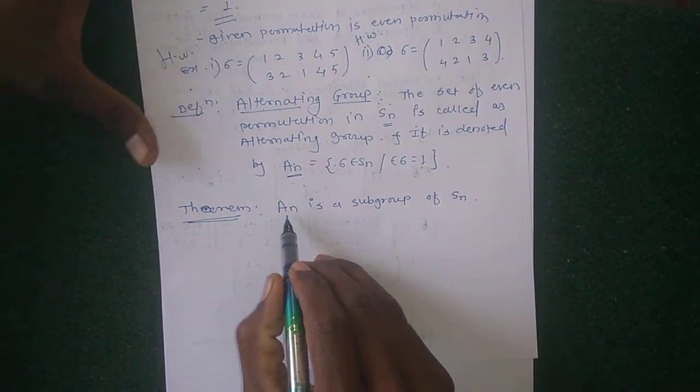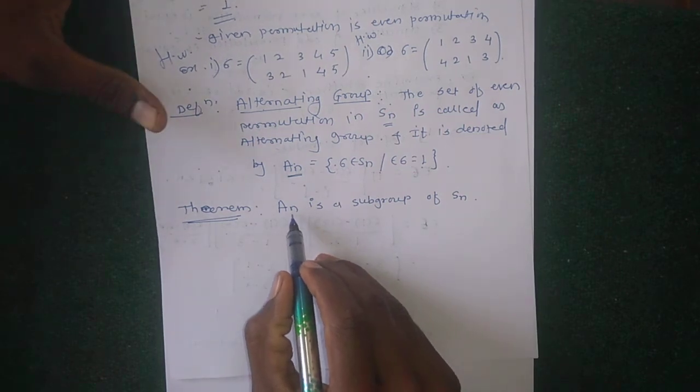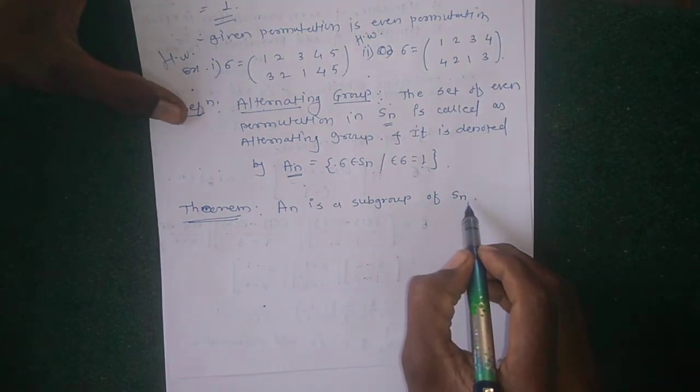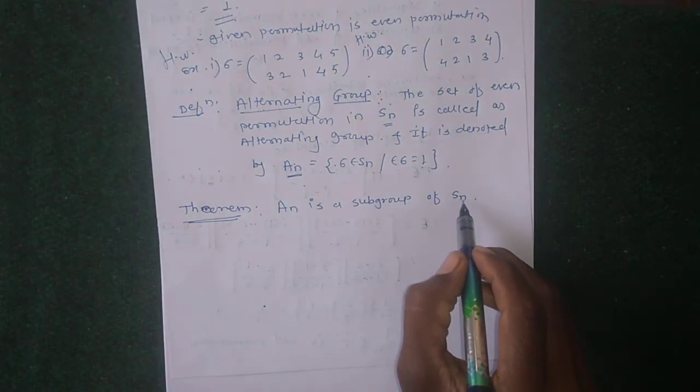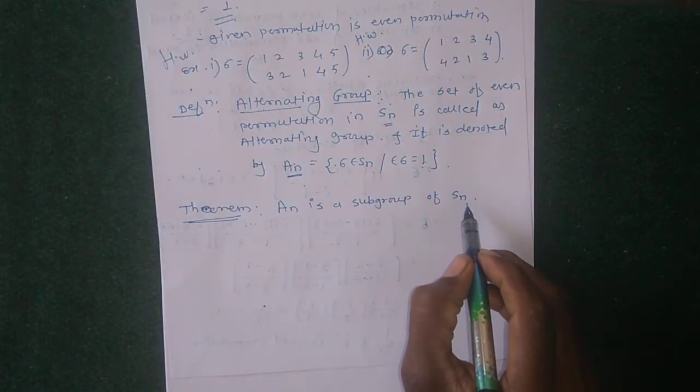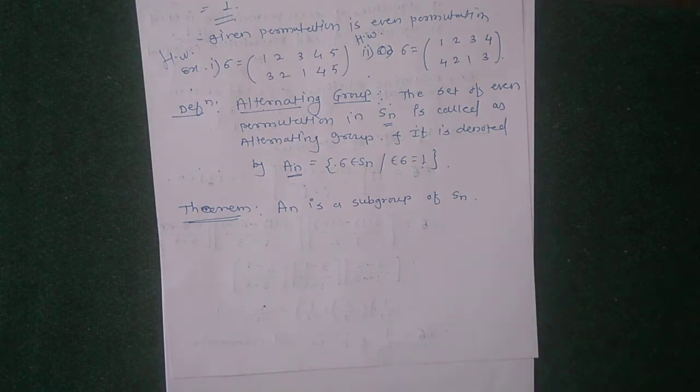An is the alternating group, which contains only even permutations, and Sn is the symmetric group, which contains n elements, meaning n factorial permutations. In Sn there are n factorial permutations. So An contains only even permutations, and Sn contains all permutations, even and odd.